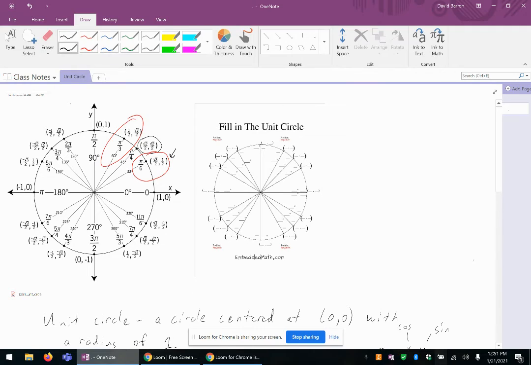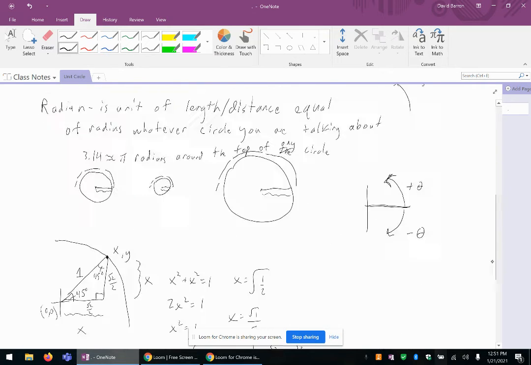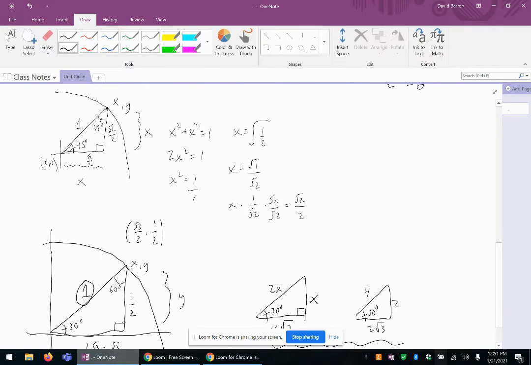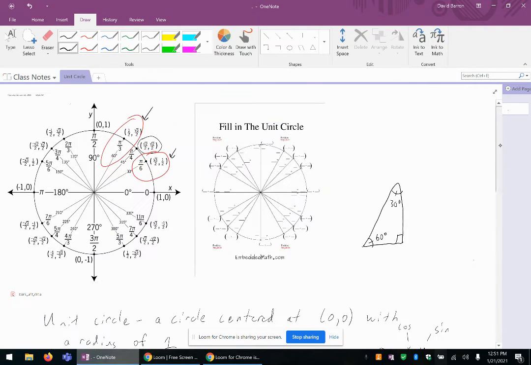For the 60-degree angle, you can envision turning that 30-degree triangle on its side. The side opposite the 30-degree angle is half the hypotenuse, and the side opposite the 60-degree angle is the length of the opposite side times root 3.